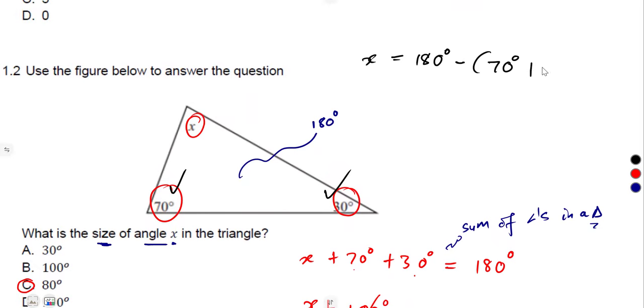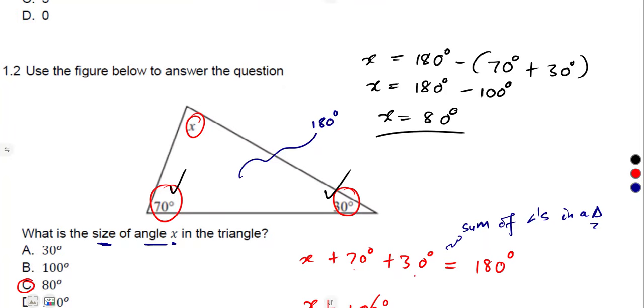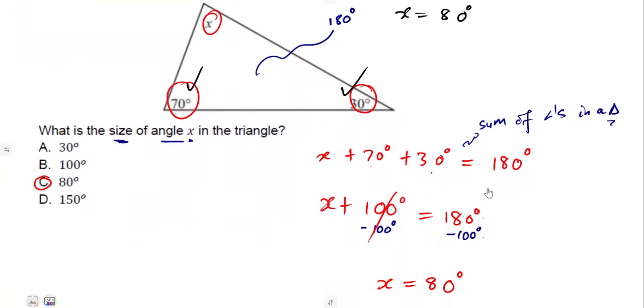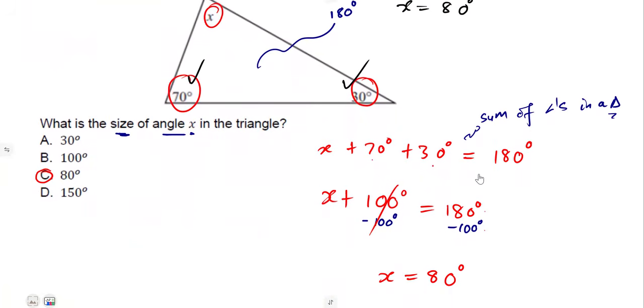So you can simply work it that way. X is 180 minus 100, which gives us the same answer that we obtained before. So this is how we can simply attempt our questions. We just need to understand the basics.